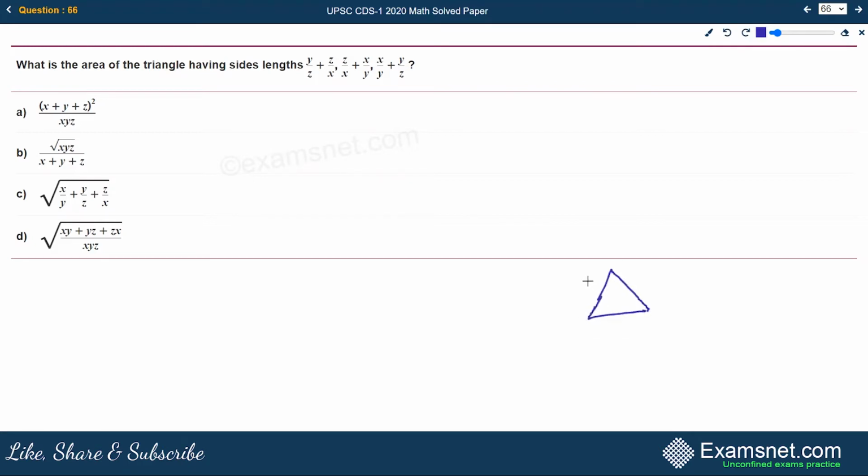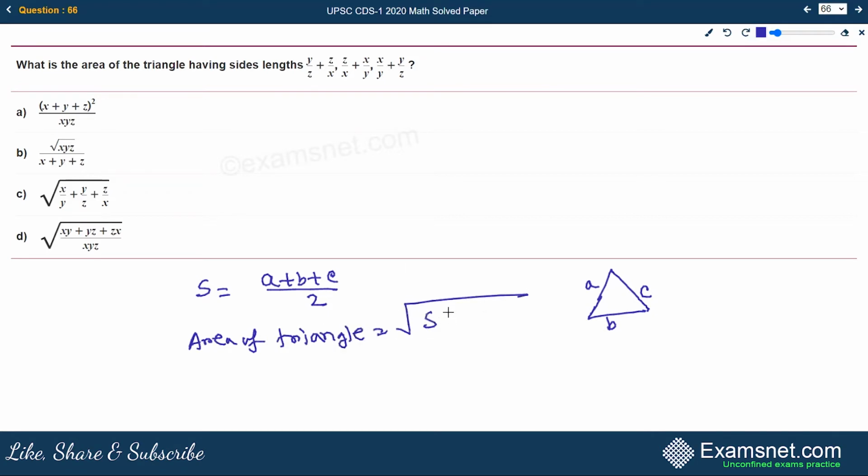Let's say this is a triangle with sides A, B, C. The semi perimeter S is A plus B plus C by 2. Now the area of triangle by Heron's formula is root under S into S minus A, S minus B, S minus C. This is the formula we are going to use here.